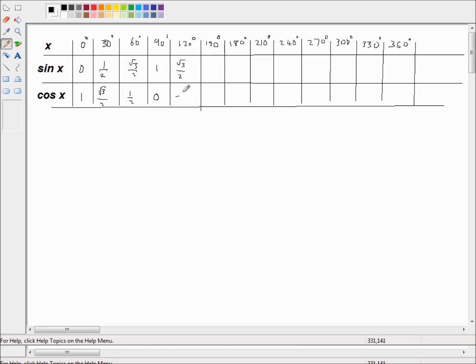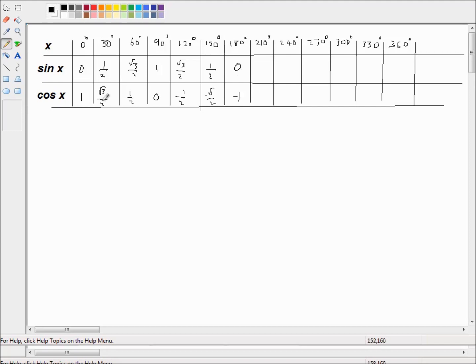So this is just negative a half. Now for 150 degrees then, the sine will be just positive a half, and the cosine will be negative root 3 over 2. And then for 180 degrees, our sine is back to 0, and our cosine is now negative 1.